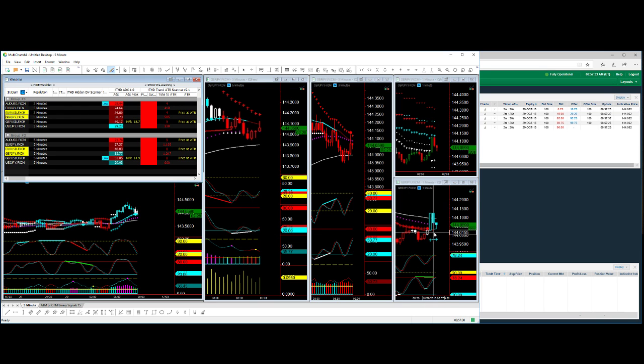Here you can see that the trend divergence on the 1 minute is highlighted. I'd like to see it come back and test this ATR, which is at 143.97.